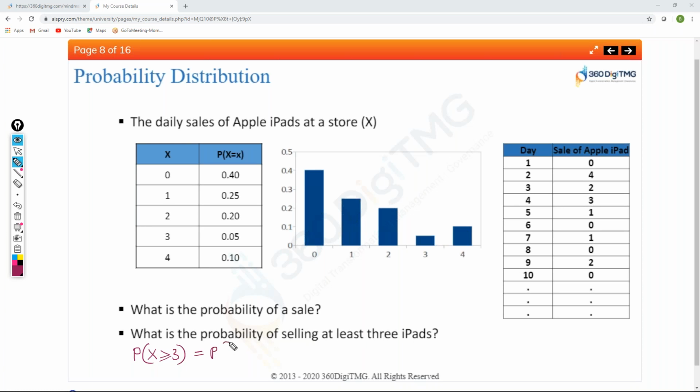So you write it as probability of x equal to 3 plus probability of selling more than 3 iPads. Probability of selling 3 is 0.05, probability of x equal to 4 is 0.1, and when you add these two, you get 0.15. Simple.